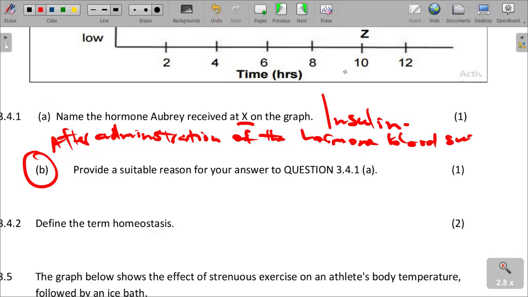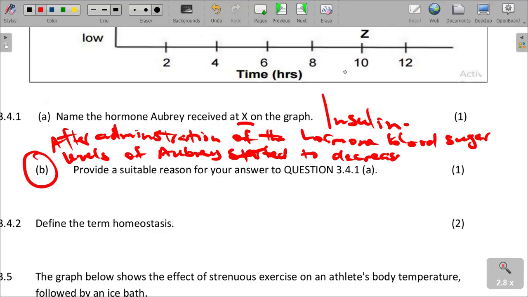Blood sugar level of Aubrey started to decrease, which shows that it is insulin.